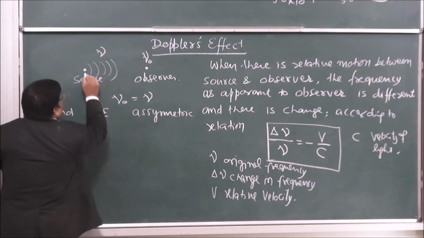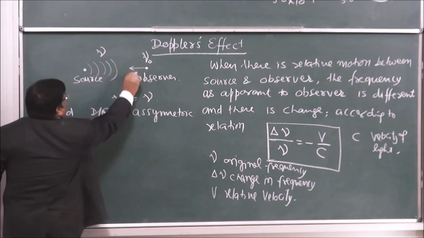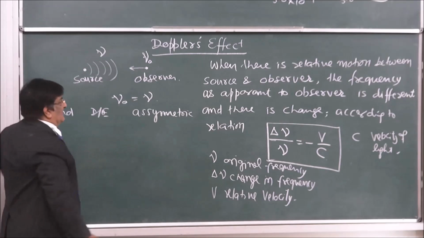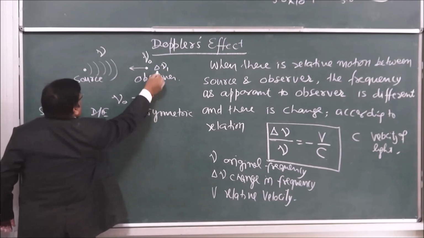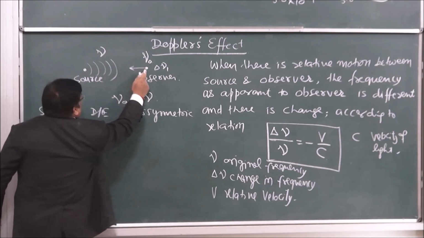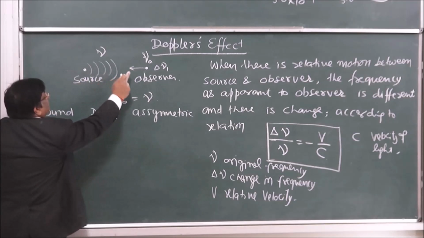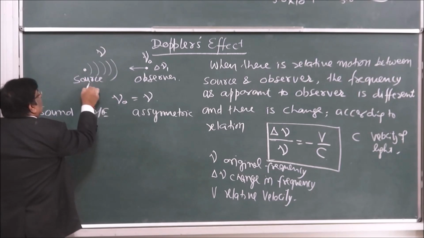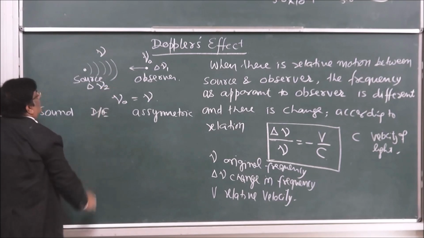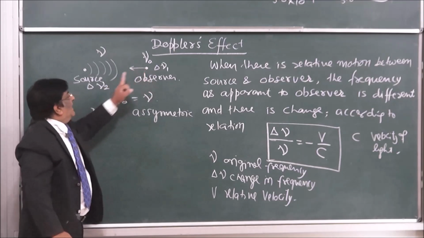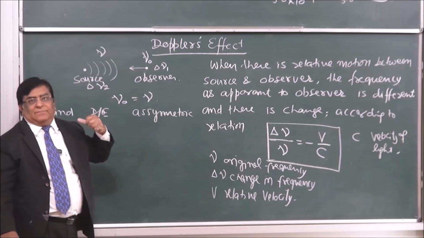That means when the observer moves, there will be change in frequency, delta nu 1. When observer is not moving, but source is moving with the same velocity, there will be again change, delta nu 2. But this change and this change are different.